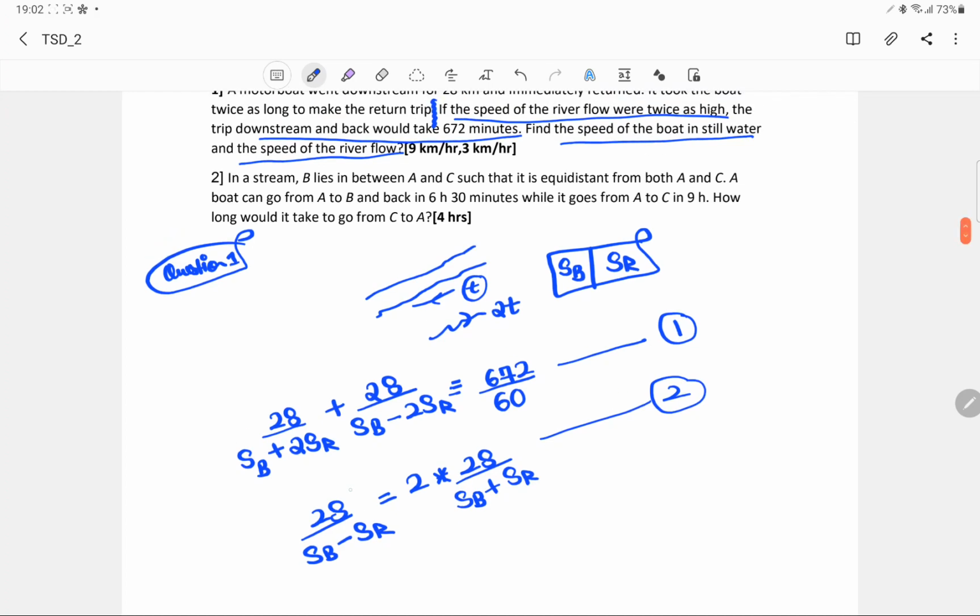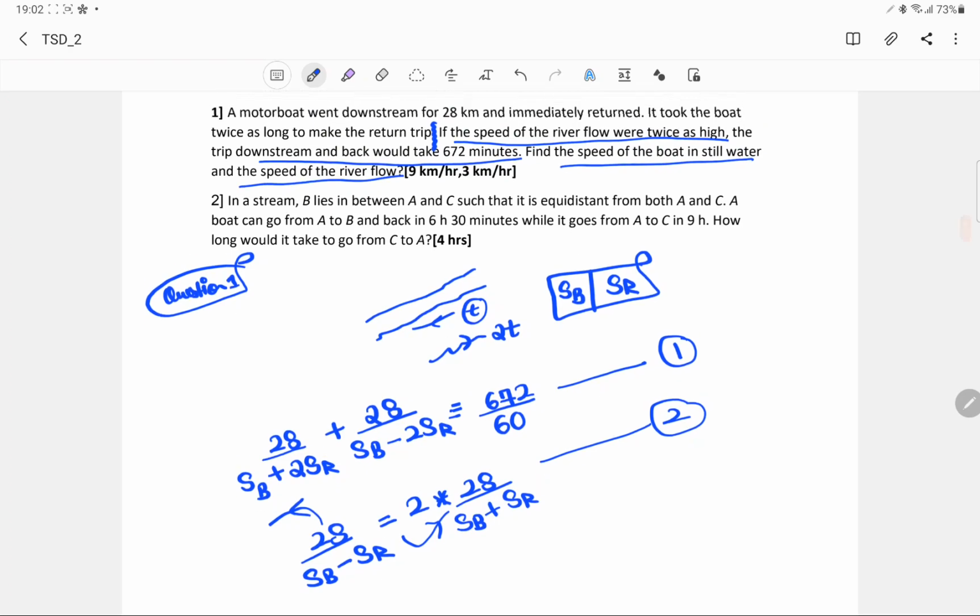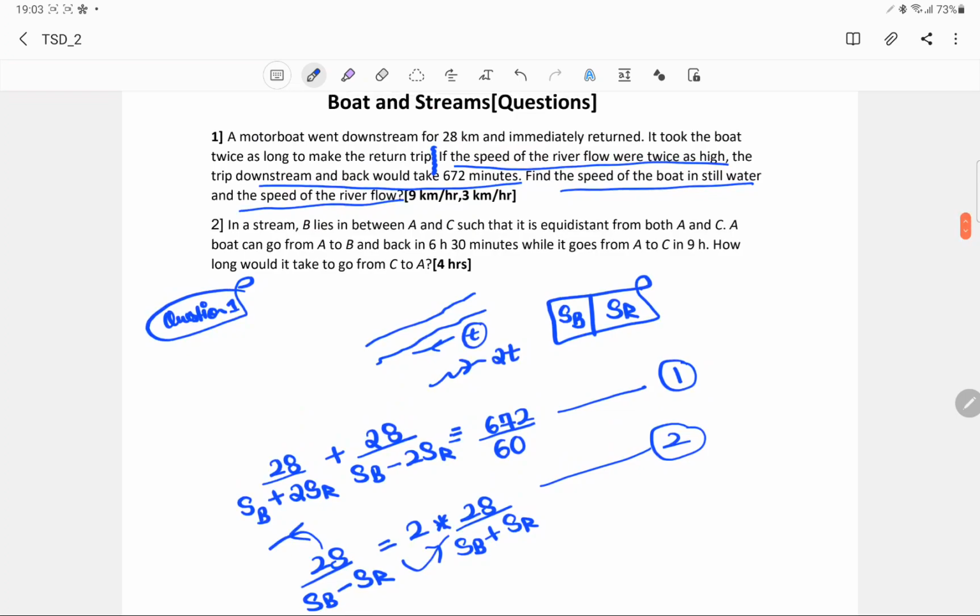It said that when you are moving in the upward direction, you are actually taking twice the time of that. So two equations, two variables, no one can deny the solution for this. Okay, so it's just about solving now.